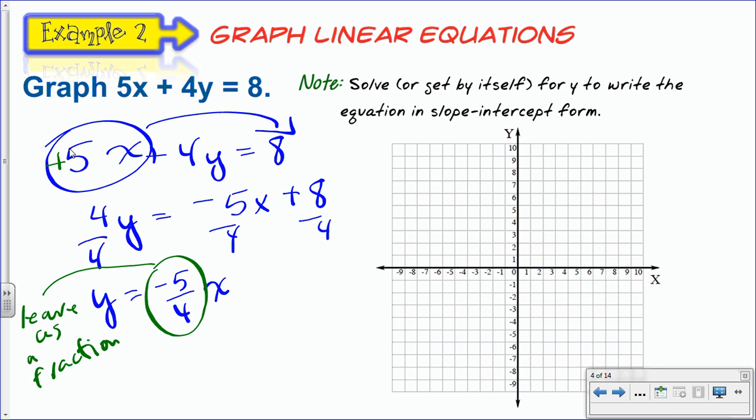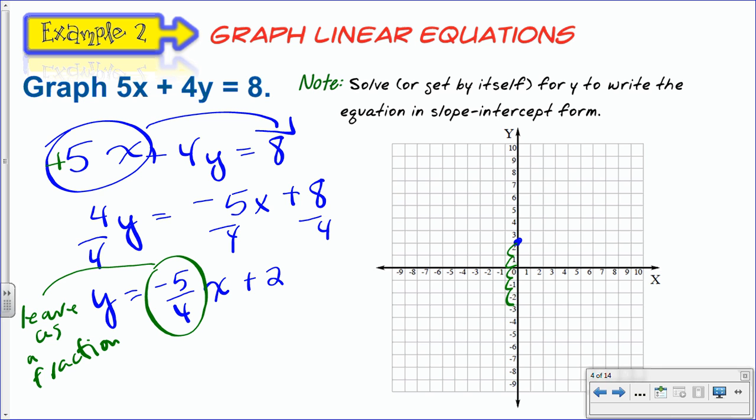You have to count. What's 8 divided by 4? Okay, so where's my starting point? Positive 2. So I'm going to find positive 2. Plot a point. Where do I go from that point? Well, that means go down. Good. Go down 1, 2, 3, 4, 5 squares.